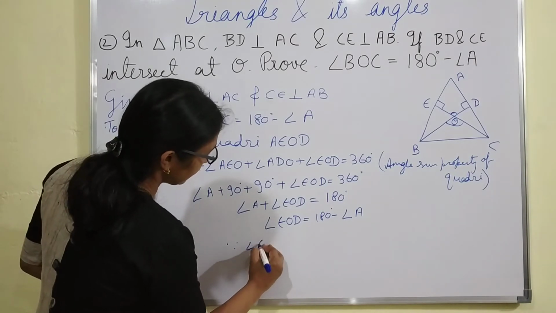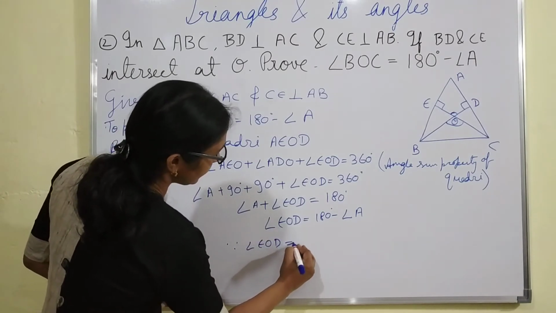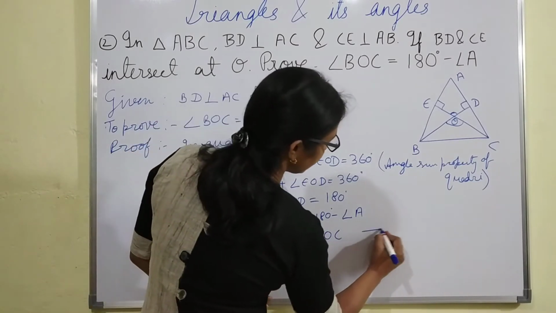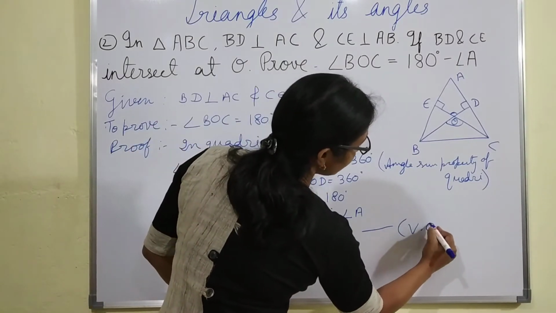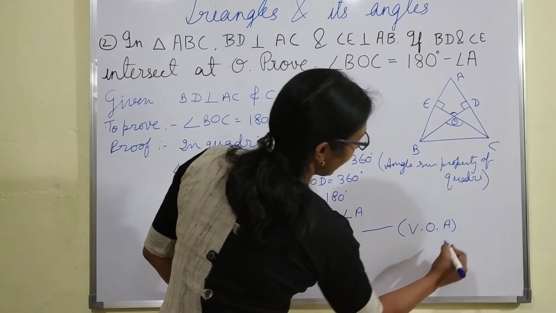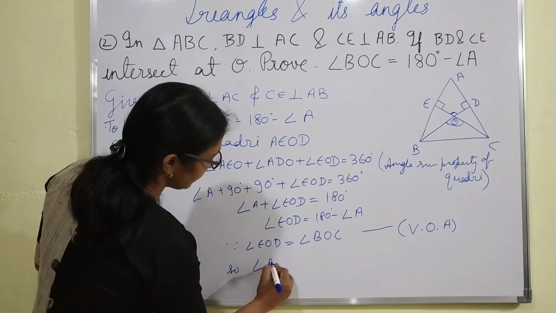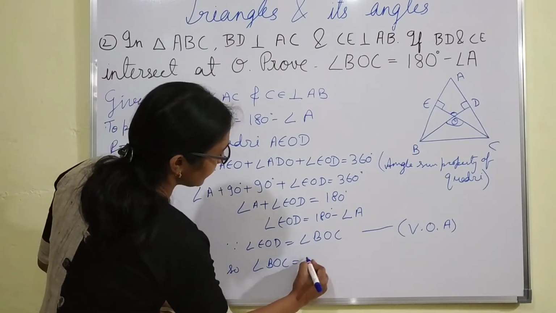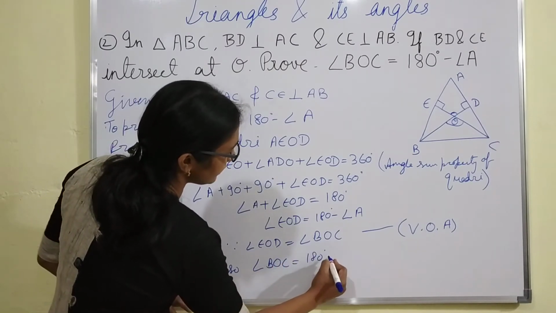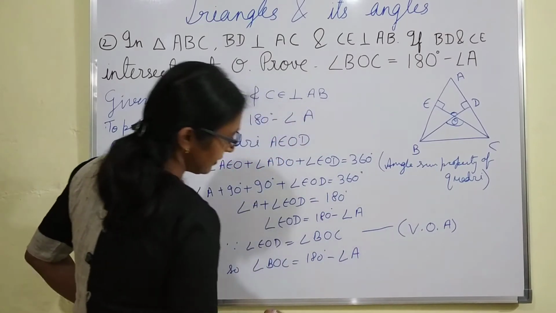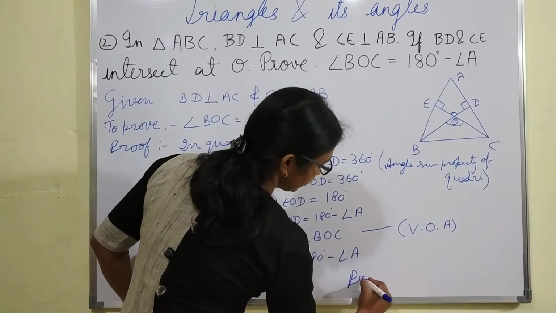Since angle EOD equals angle BOC, reason is vertically opposite angles. So angle BOC equals 180 minus angle A, hence proved.